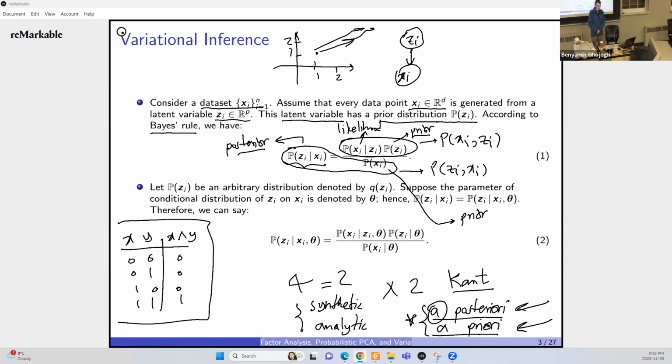Right? So again, we have 4 cases. Two cases I think are obvious. Synthetic a posteriori is obvious. Pen is on the table.